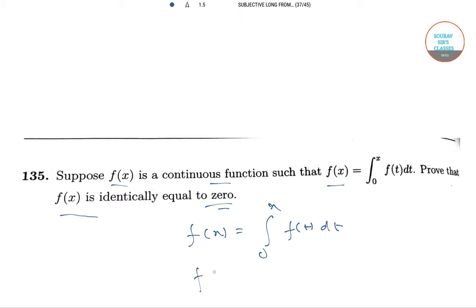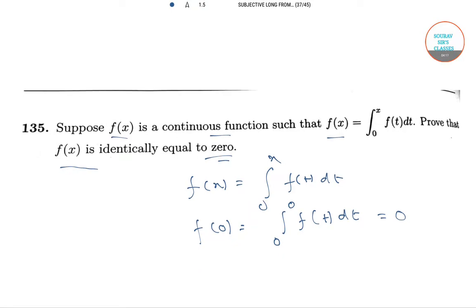Then f(0) will be equal to the integration from 0 to 0 of f(t) dt, which is equal to 0. So f(0) is equal to 0.